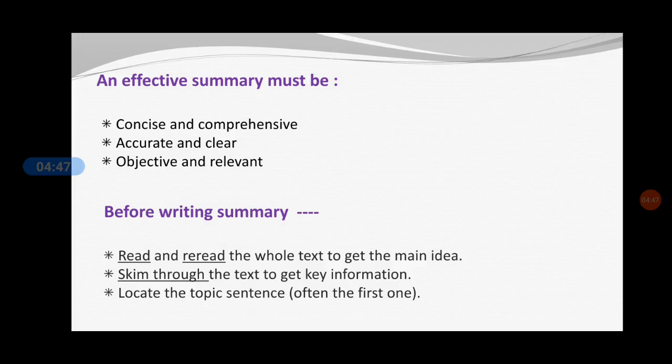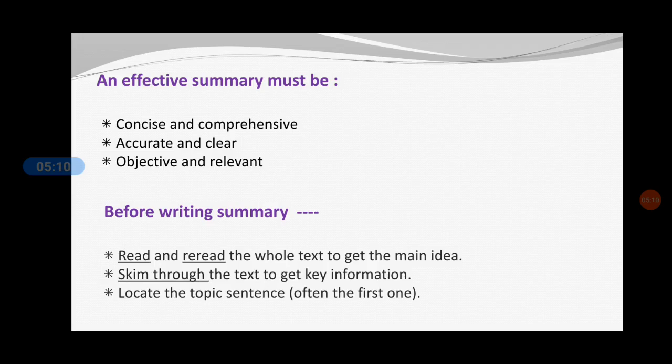Then skim through the text to get key information. Then look for the key words in the whole passage so that you can get the main idea easily. Next, locate the topic sentence, often the first one. Try to find out the topic sentence.